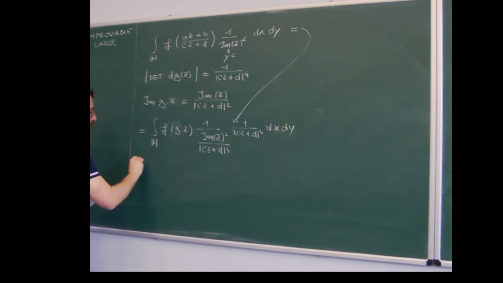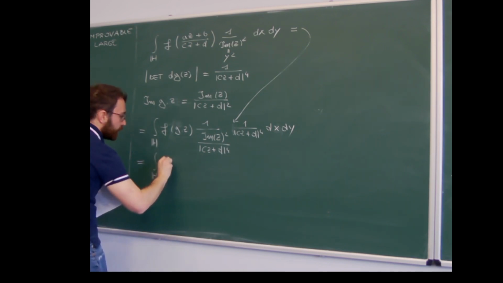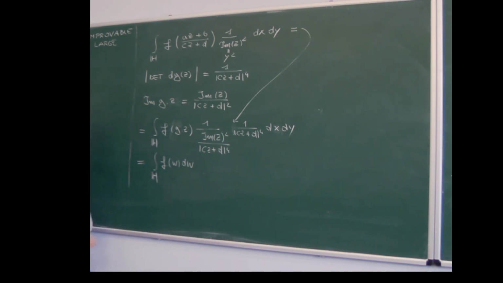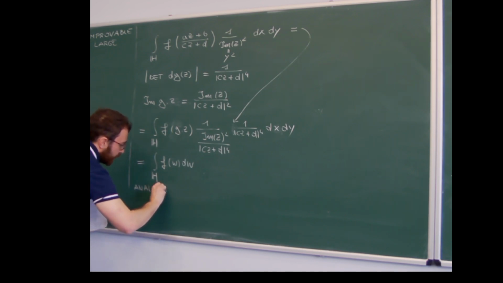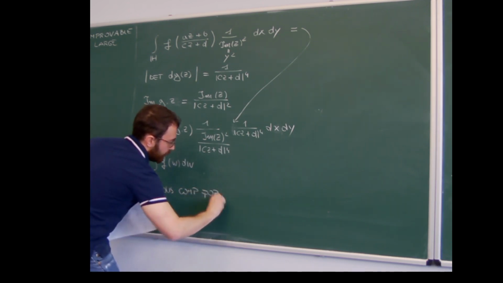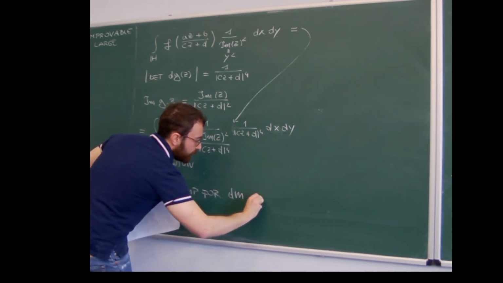And by a change of variables, this is just the integral over H of f(w) dw. Okay? So, an analogous computation for dm.